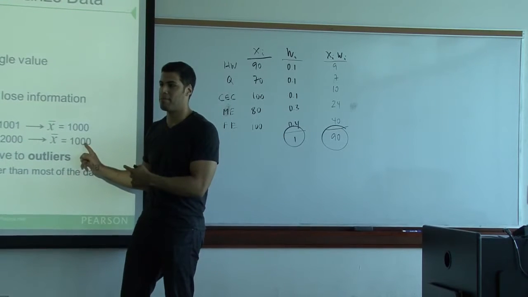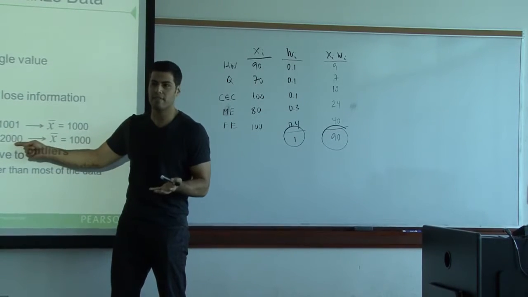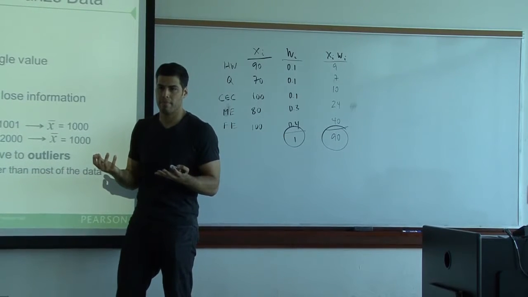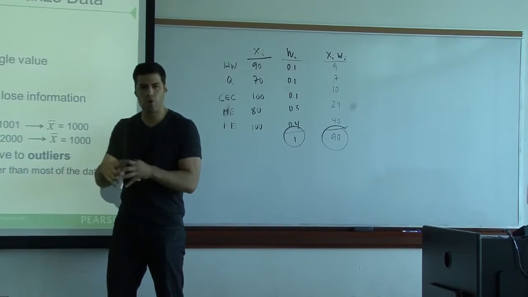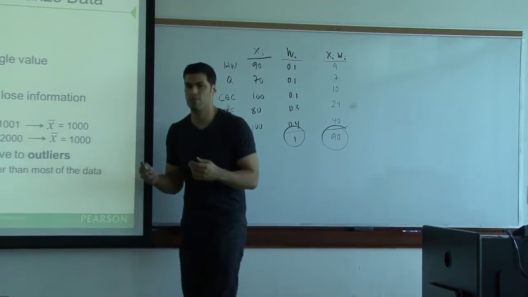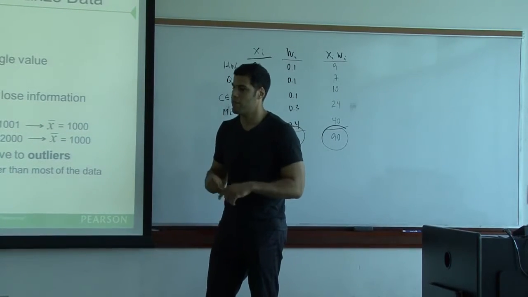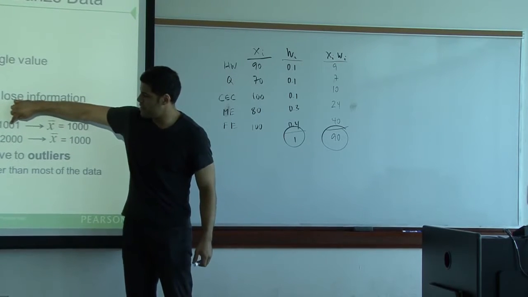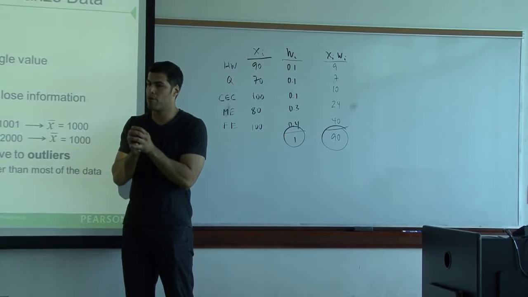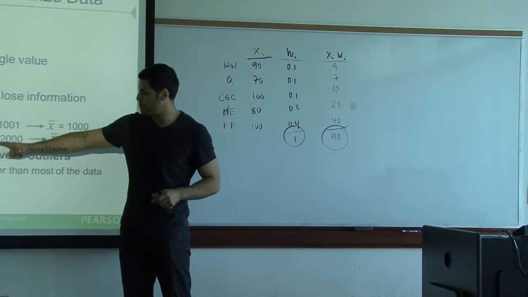So these data sets are very different, but they have the same typical value. Unless you look at the actual data set, the only thing you know is the center, but you don't know anything else. One thing we know is that in sample 1, the data is much more clustered together. In sample 2, the data is much more spread out.